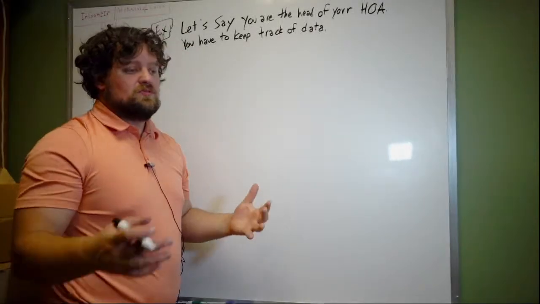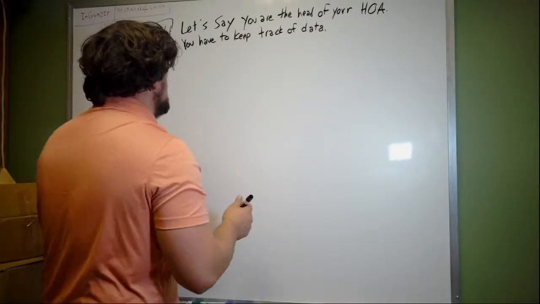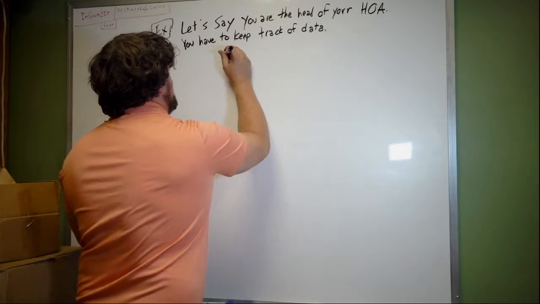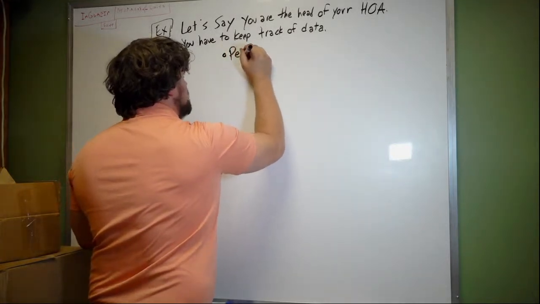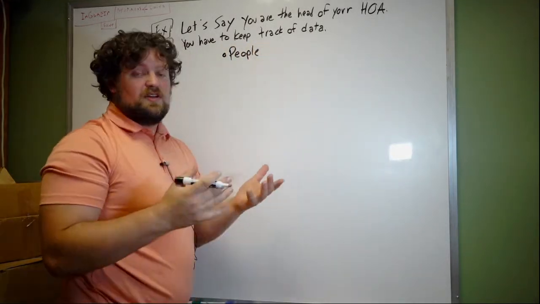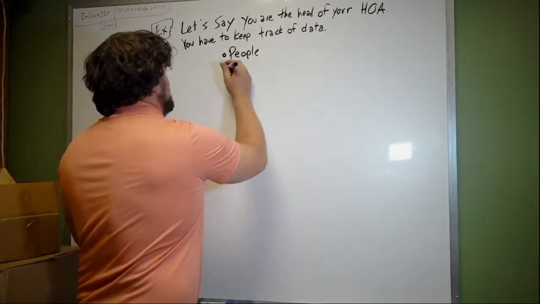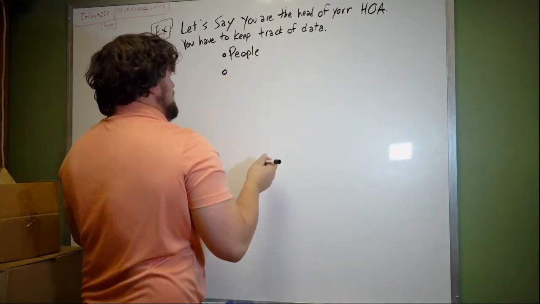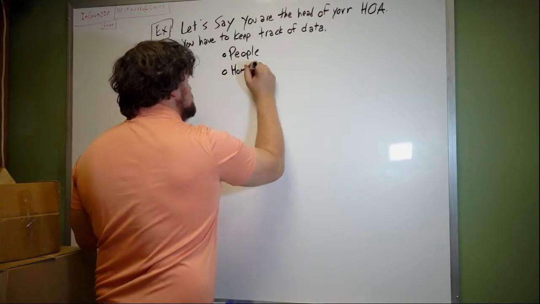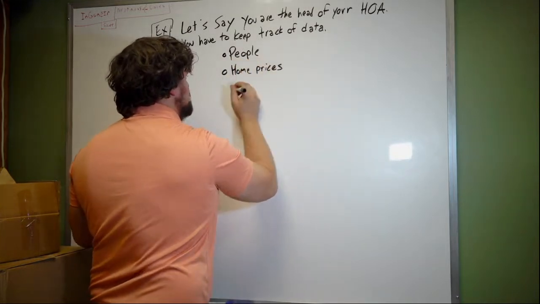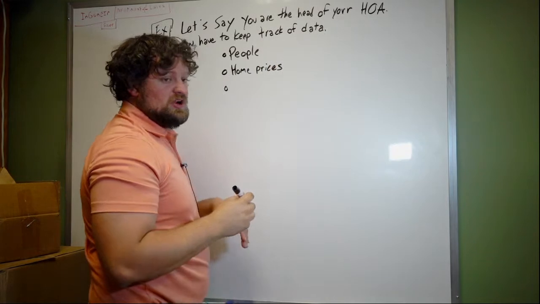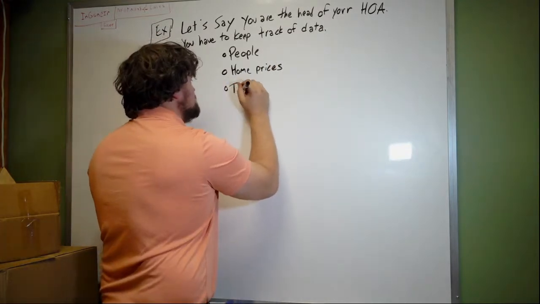So what we'll do is we're going to have different columns and different rows representing information. Some of the data you have to collect are people, like who all is involved in your HOA. And then we're also going to have to keep track of home prices. We'll have to keep track of tax valuations.